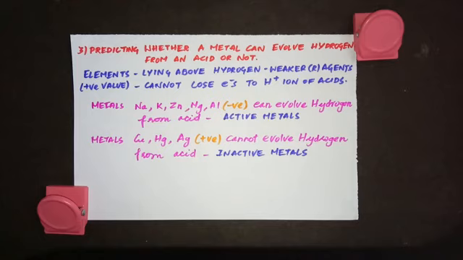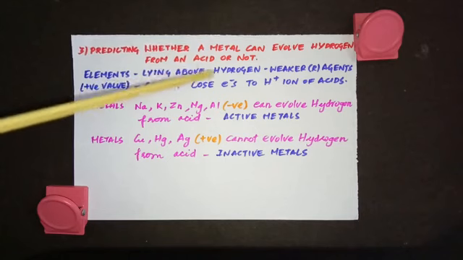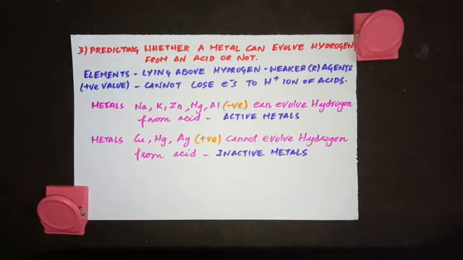To know whether a given metal can displace hydrogen from an acid or not can be predicted from the E naught values. When you look at the electrochemical series, you have a few values which have positive sign, and after that you will have hydrogen electrode potential, and below that you will have negative values.